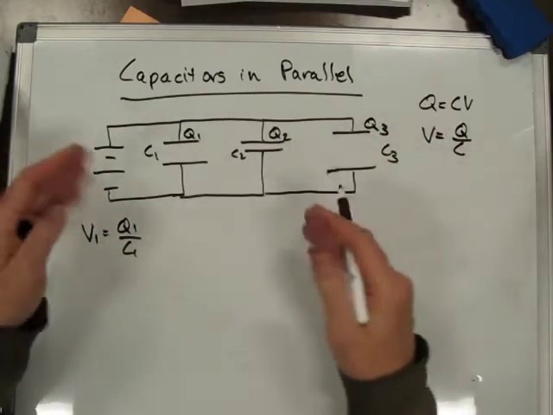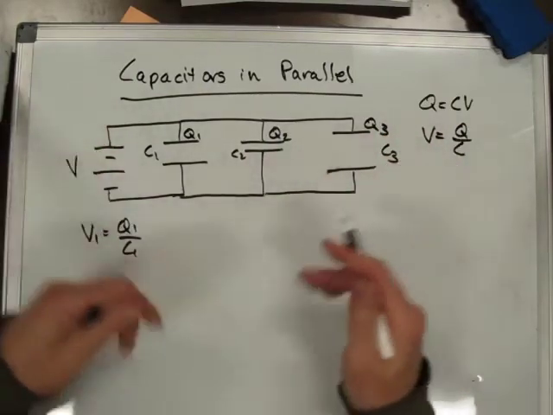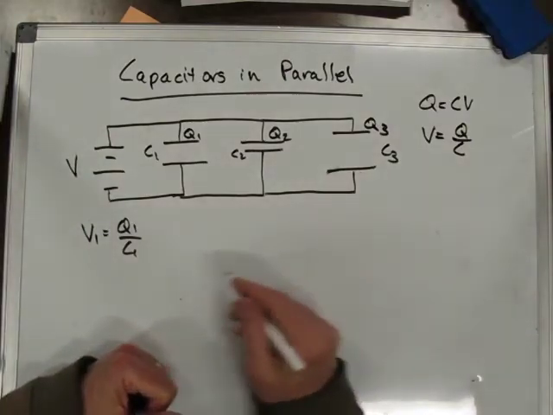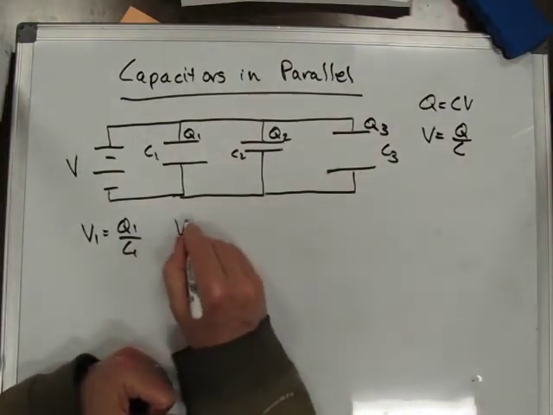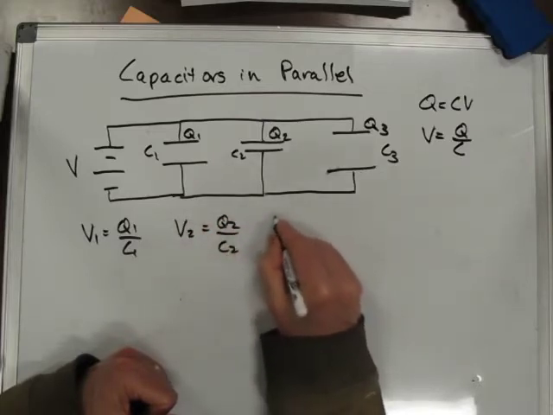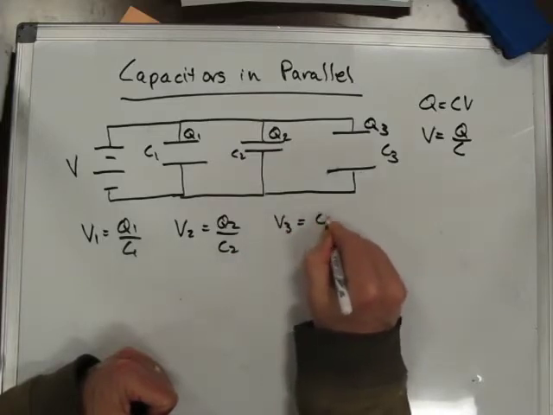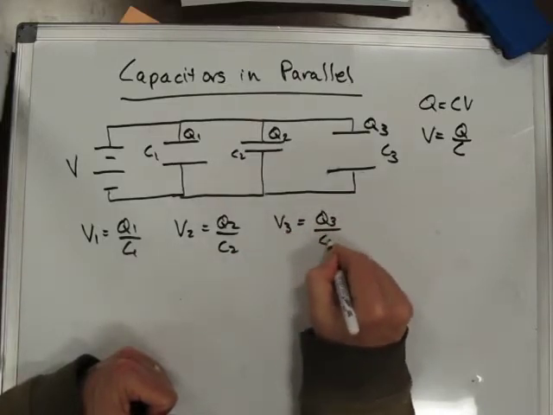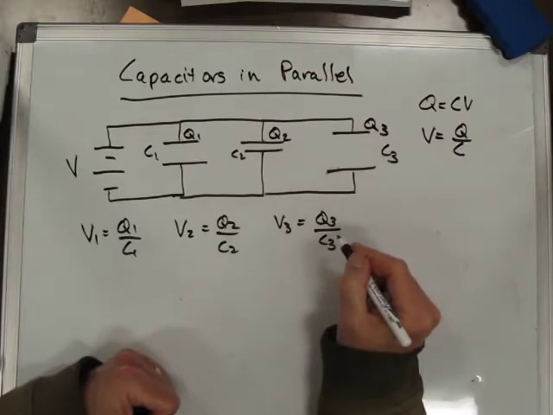They've got different capacitances, and so even though they have the same voltage, they maybe have different charges on them. And so V2, the voltage across this guy, is equal to Q2 over C2, and V3 is equal to Q3 over C3.